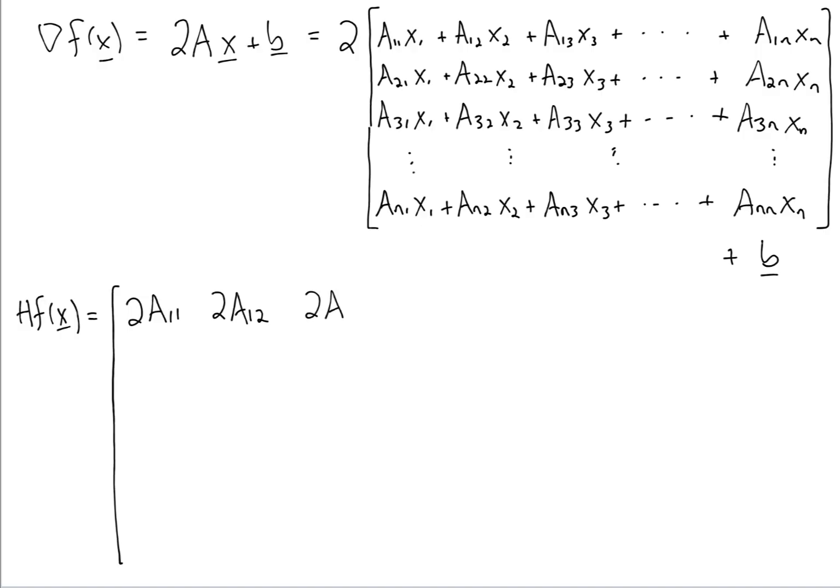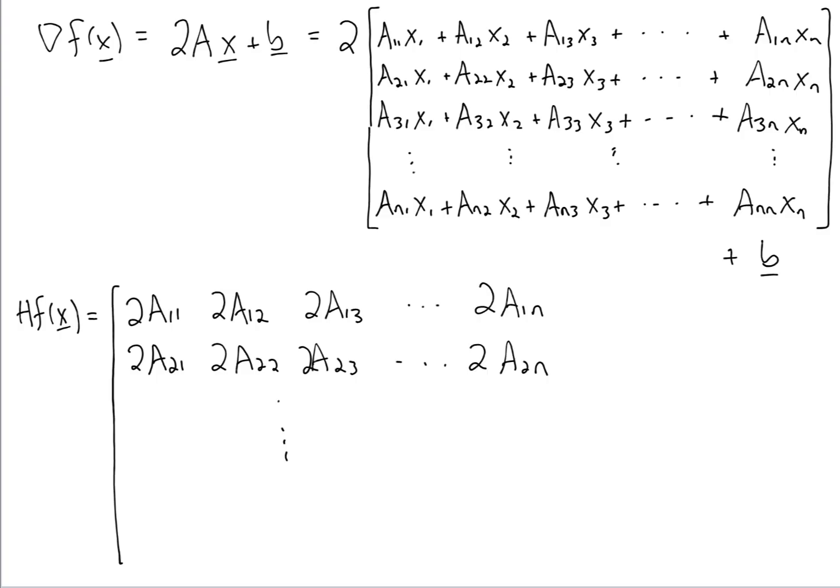We get 2a13, all the way down to 2a1n. And we continue with this. That second order partial with respect to x2, and then with respect to x1, we would take the partial derivative of this second term with respect to x1, which would give us this a21. And this gives us our Hessian matrix.